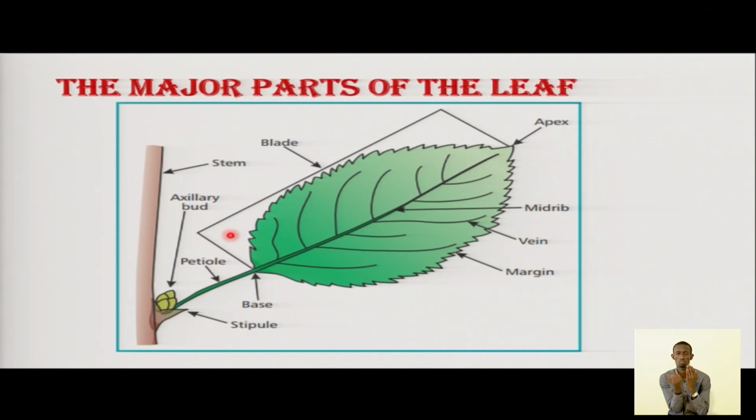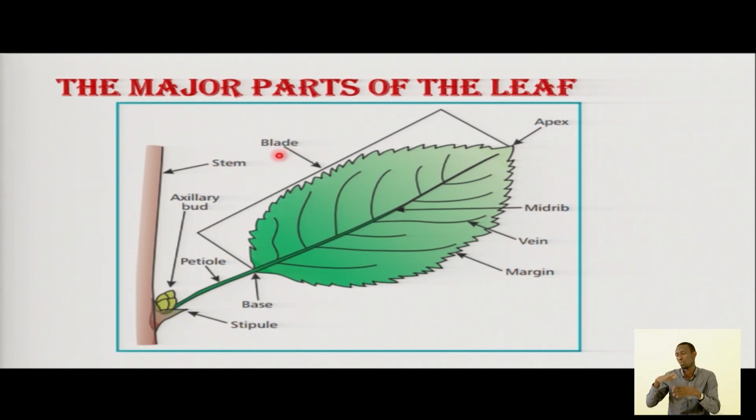Then from there you can see we have the stipule. This one is very important because it protects the leaf during young stage. Then we have the stem where leaves are normally attached. Then you can see these other parts make what we call lamina or leaf blade.